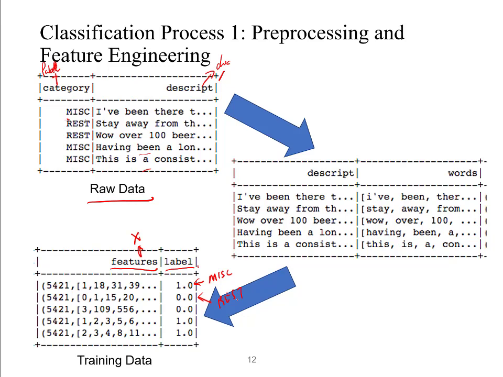Some words, for example, "the" or "is", most likely show up in every sentence, and they're not that informative regarding this specific task, right?